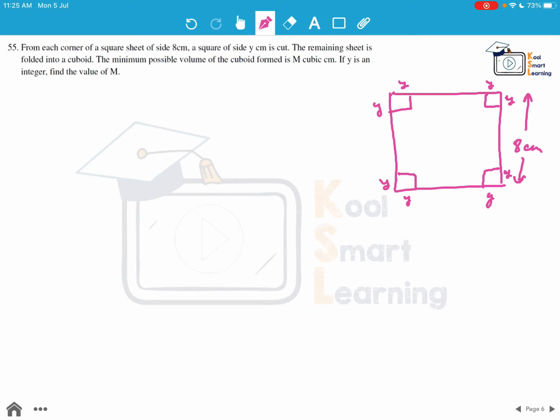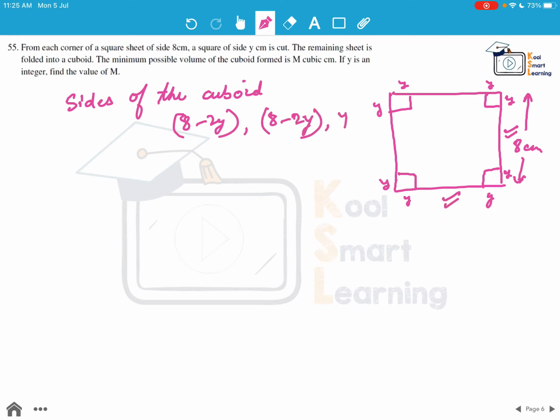So first of all, what will be the sides of the cuboid? Such cuboid so formed, this side is going to be 8 minus 2y. This side is also going to be 8 minus 2y. And the height of the cuboid is going to be y. Right? Because we are folding it from here.